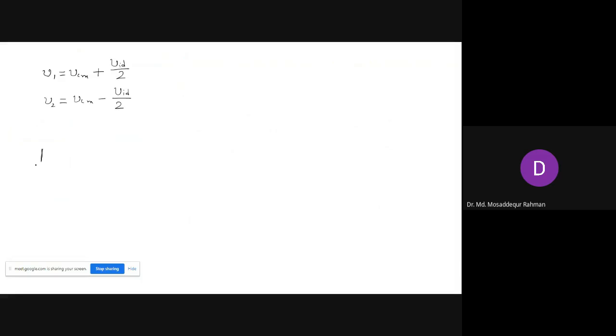So we have the common mode voltage called VCM.